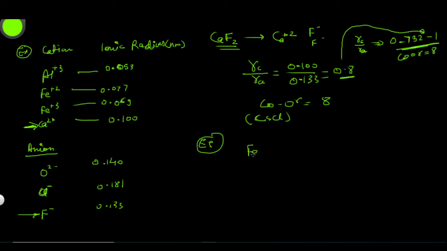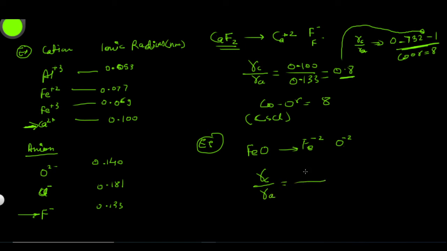And take another example. FeO, iron oxide, is made up of Fe+2 and O-2. Okay, so write the radius of cation versus radius of anion.